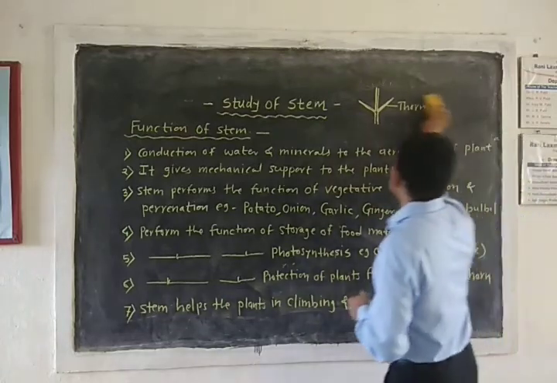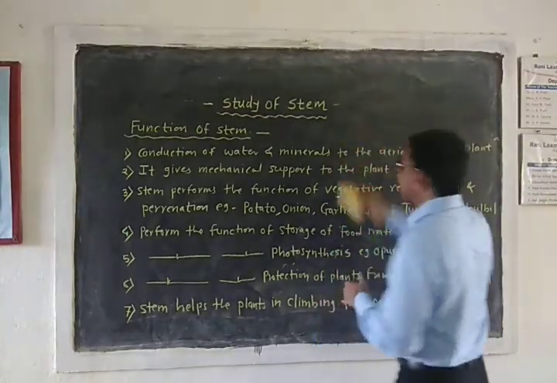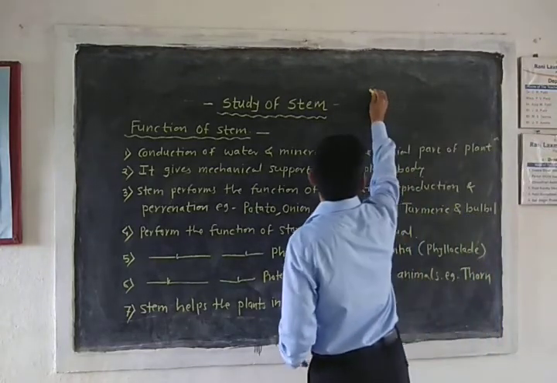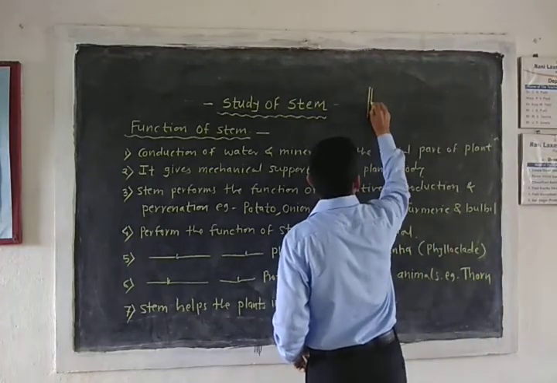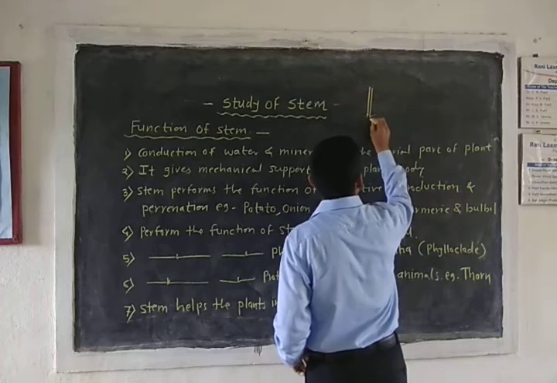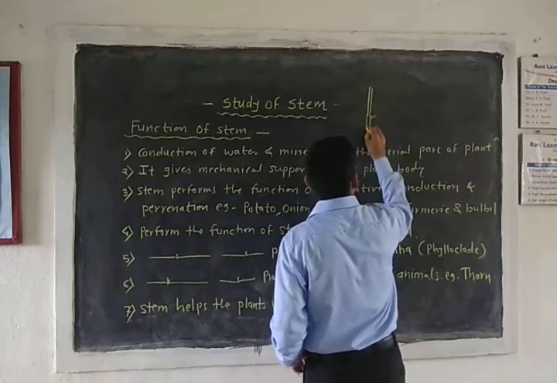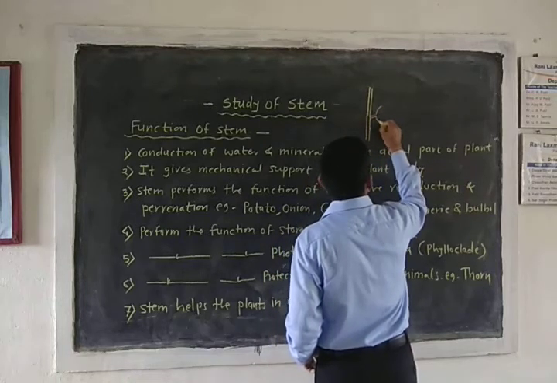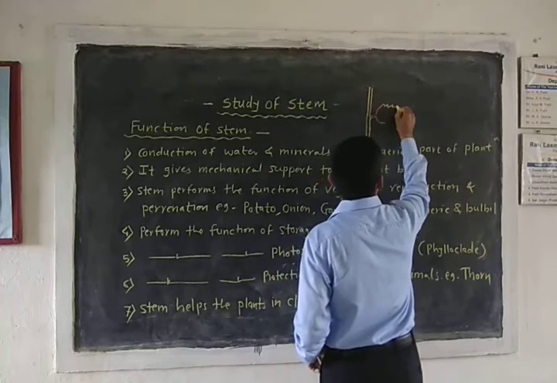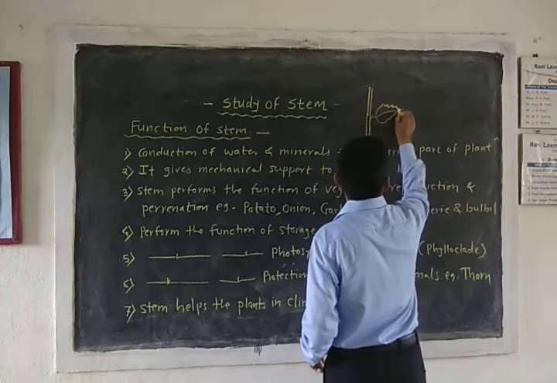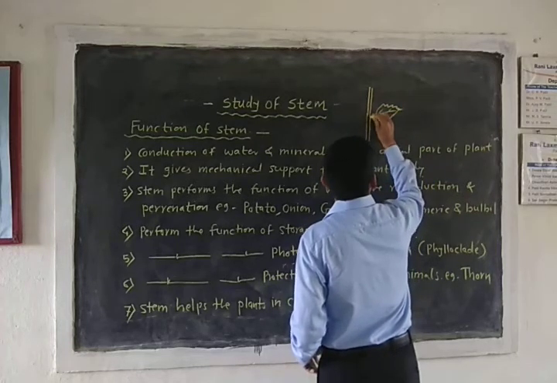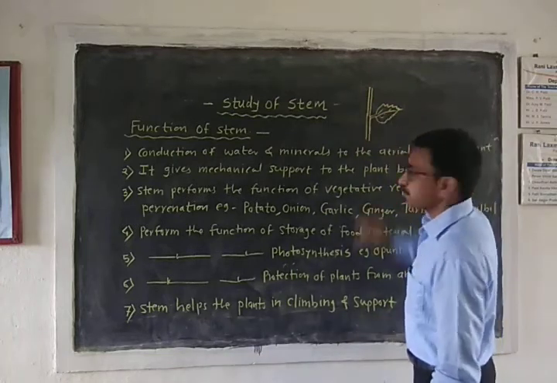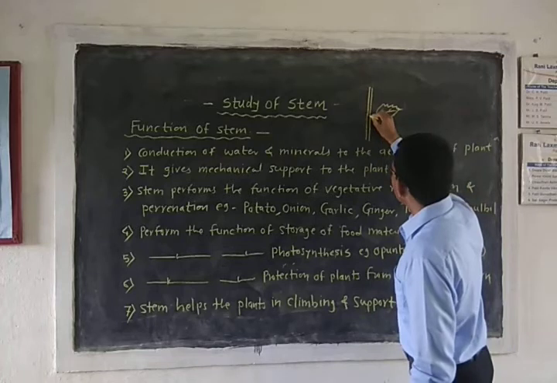मग ज्या प्लांटचं स्टेम वीक असतं, in that plants there are tendrils present. काय असतात? टेंड्रिल्स असतात. See, tendrils arise from the axil of leaves.